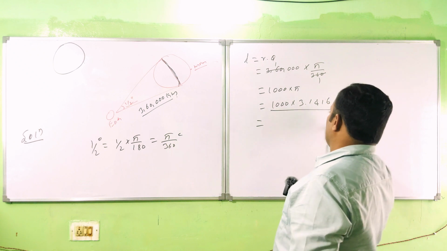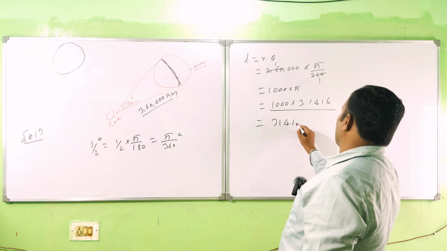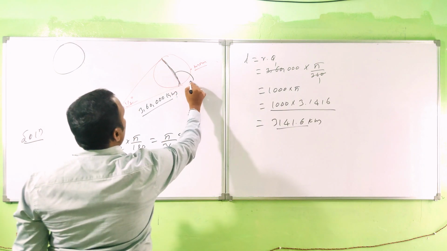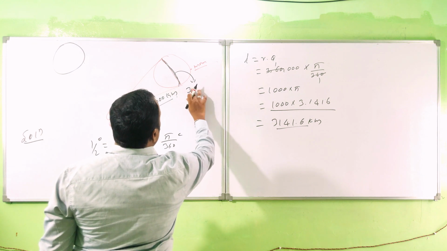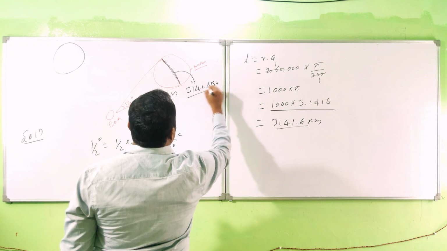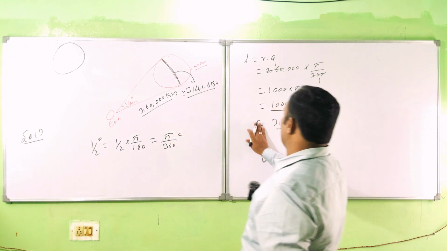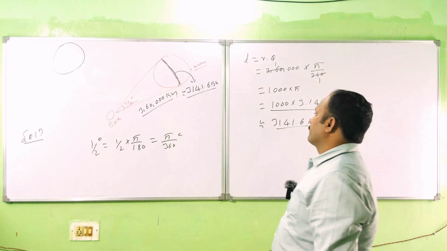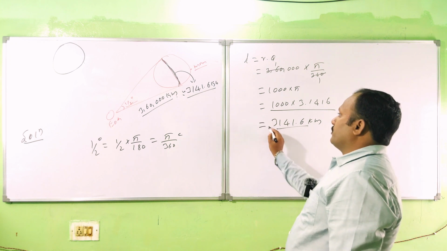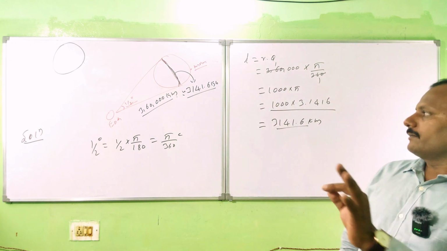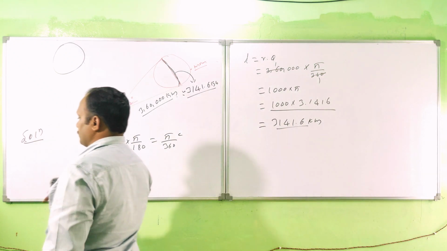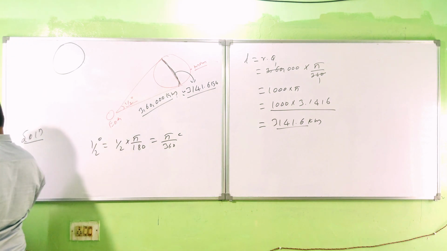This becomes 3141.6 kilometers. Therefore, the diameter of the moon is approximately 3141.6 kilometers. It's not the exact value, it is an approximate value, because they gave the conditions of half a degree and a distance of 360,000 kilometers.